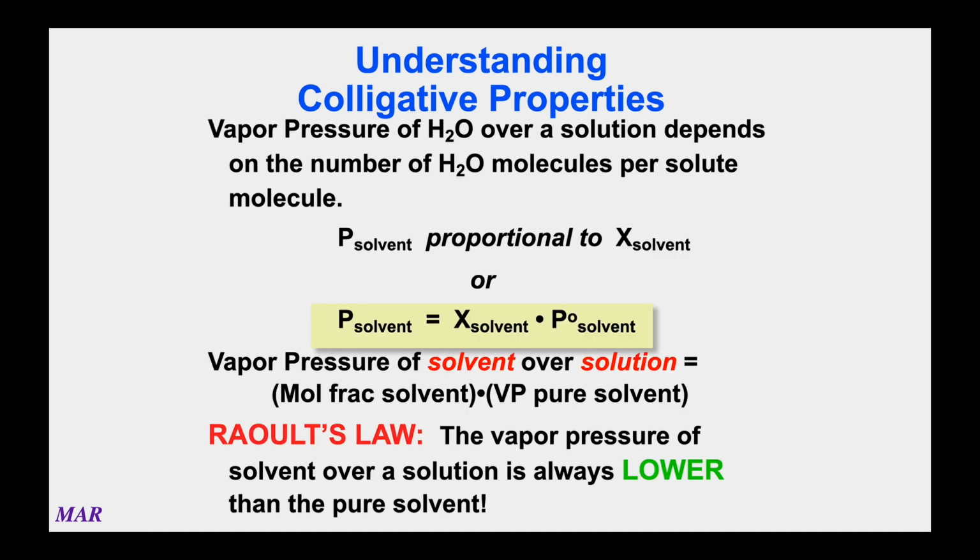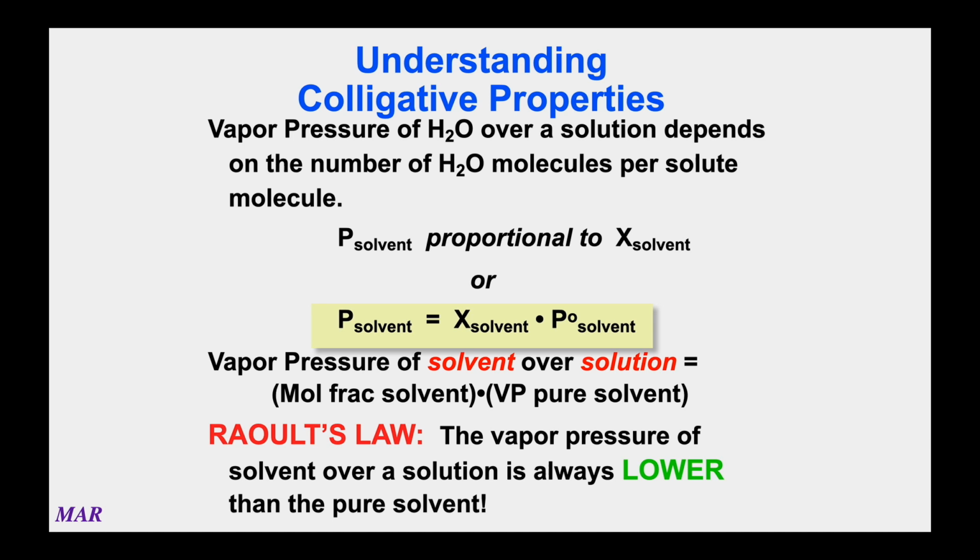This was studied for quite a while, and a guy named Raoult, and I hope I'm saying his name right, I probably am not, but anyway, he came around and realized that, interestingly, the mole fraction of the solvent is actually proportional to the vapor pressure of the solvent. Now let's talk about that a little bit. Most of the time in these problems, water will be the solvent. Not always, but a lot of times. As the mole fraction of the solvent goes up, the vapor pressure of the solvent over the solution goes up as well.